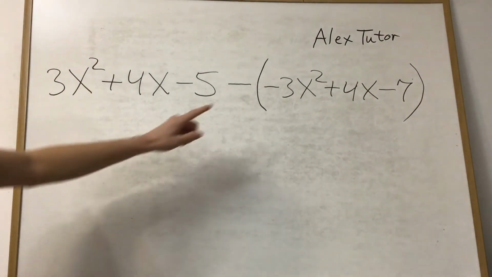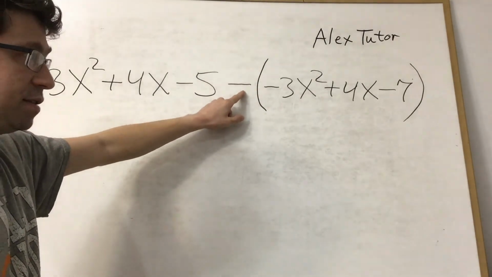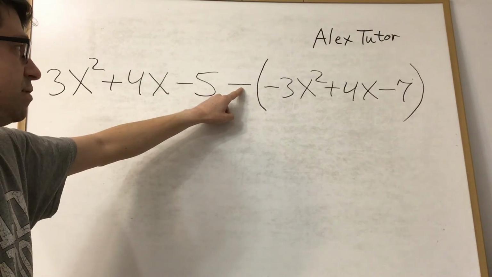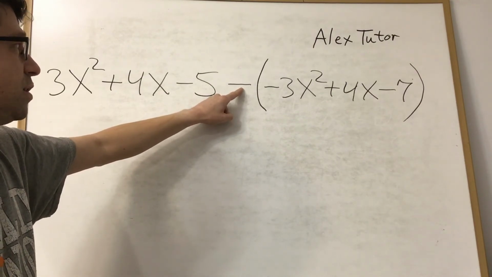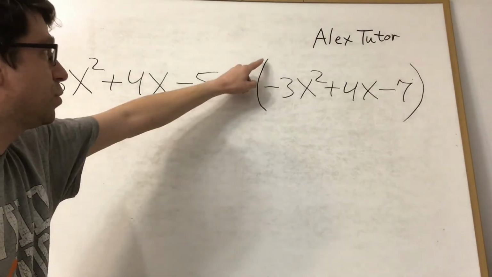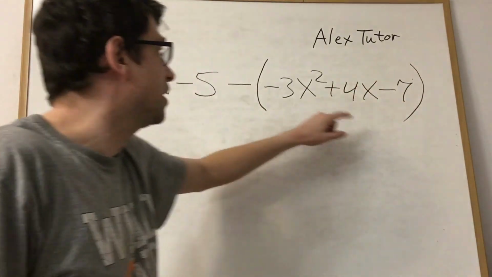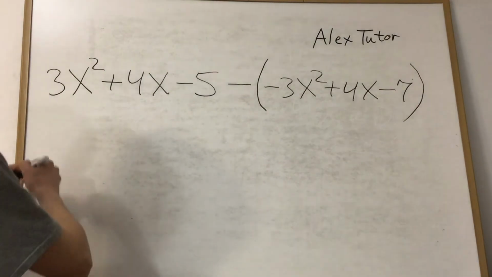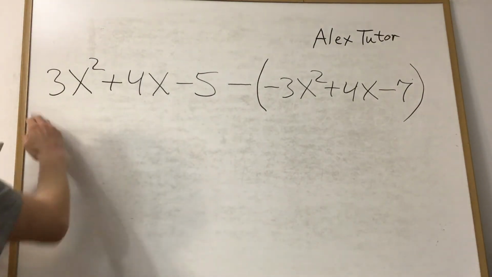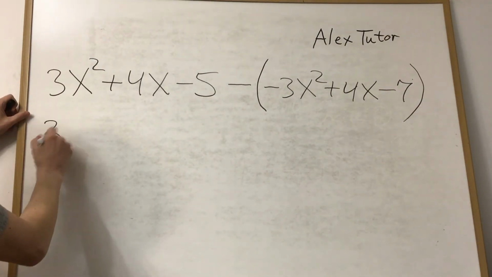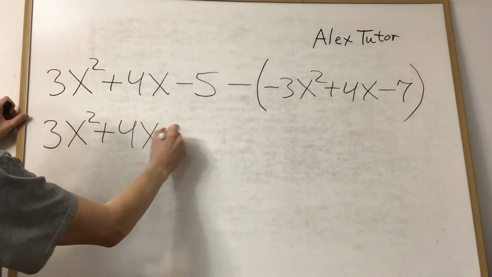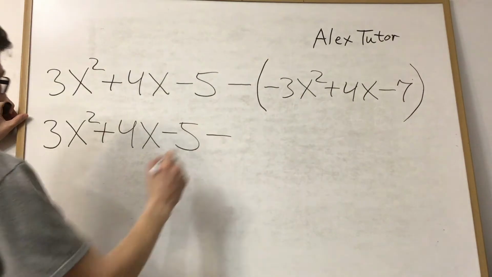So here I have parentheses, and in front of the parentheses I have a negative sign. So now I need to get rid of the parentheses, and inside parentheses I will change all signs. So this trinomial I just copied, 3x squared plus 4x minus 5 minus.